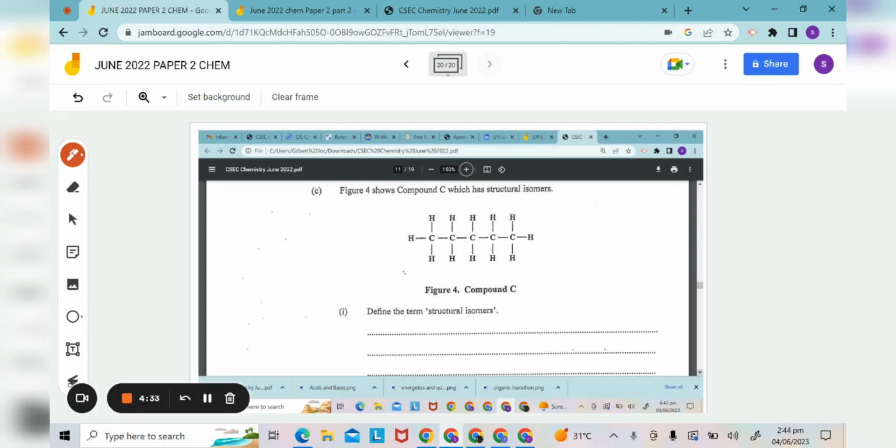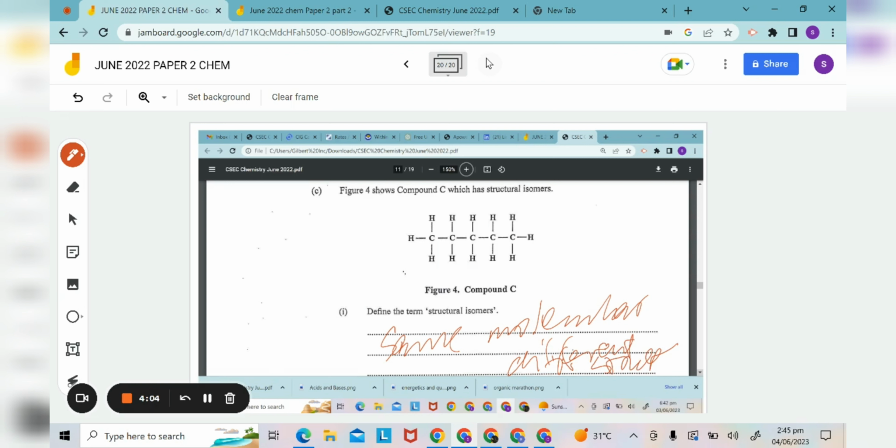So they have the same unit pretty much. They have the same molecular formula, but different structural formula. So this species here could have a different structural formula they're suggesting. So that's the definition of structural isomers: same molecular formula, but different structural formula.